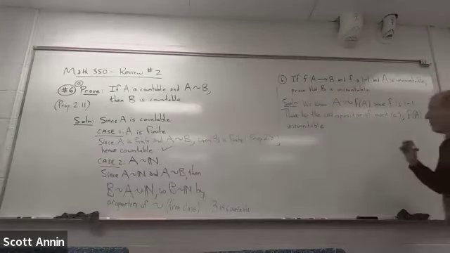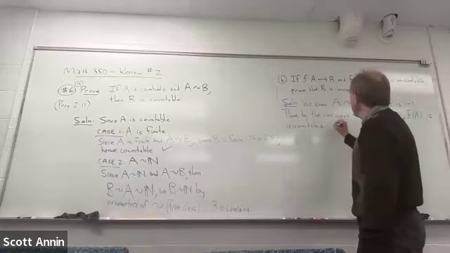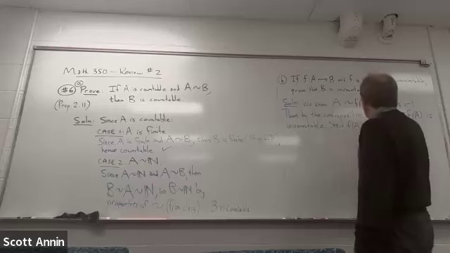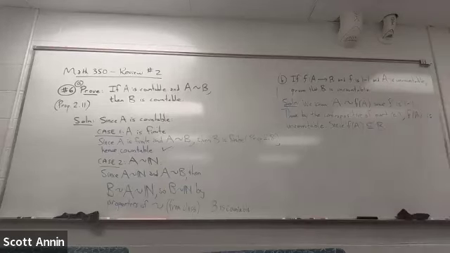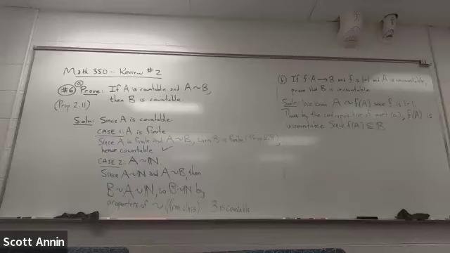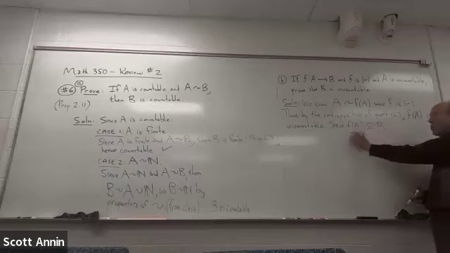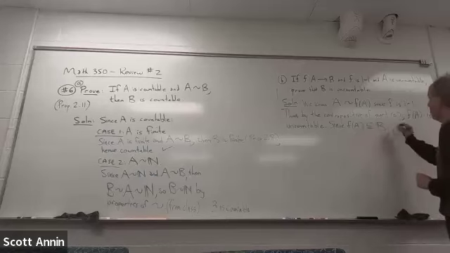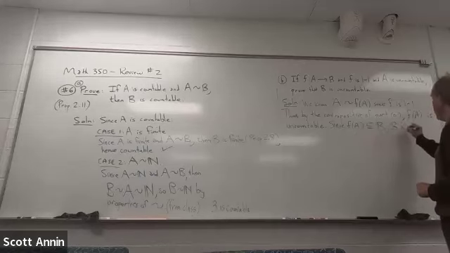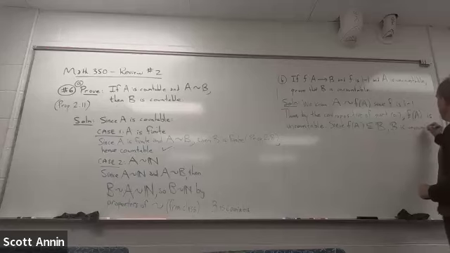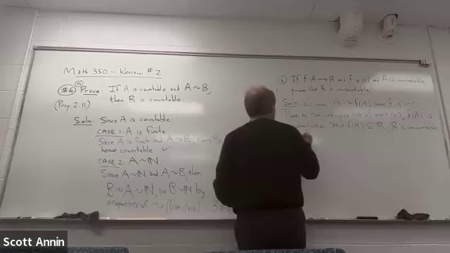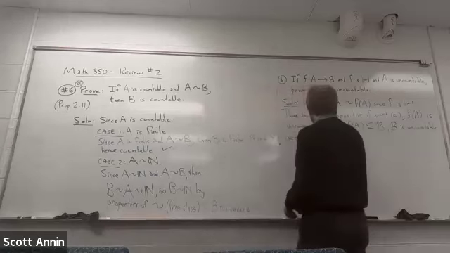Okay, so f of A is uncountable, but then since f of A is always a subset of the codomain, which is B, here you've got a subset relationship. The smaller guy is already uncountable. So then, so is the bigger guy. B is uncountable. This is actually also by Proposition 2.11 again.